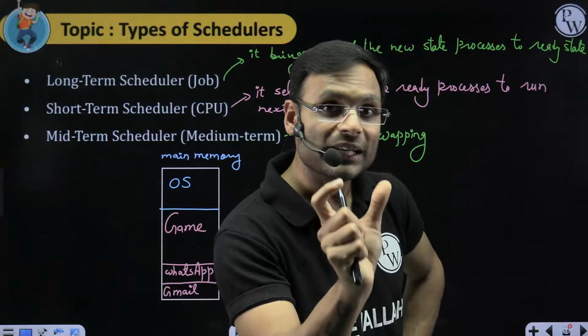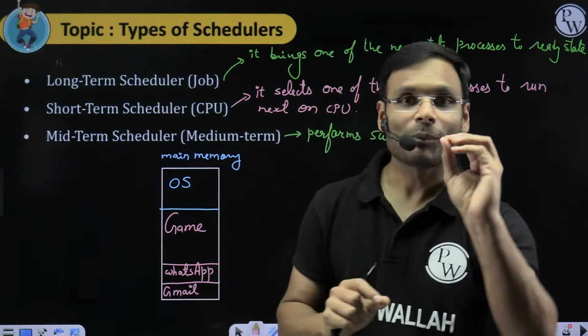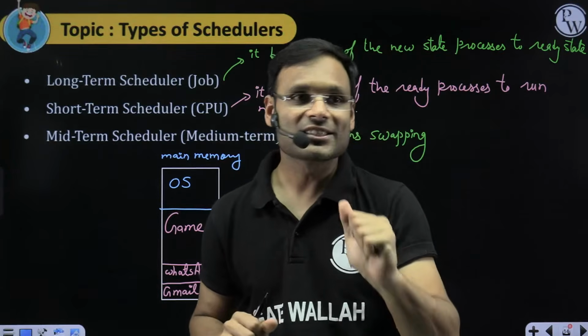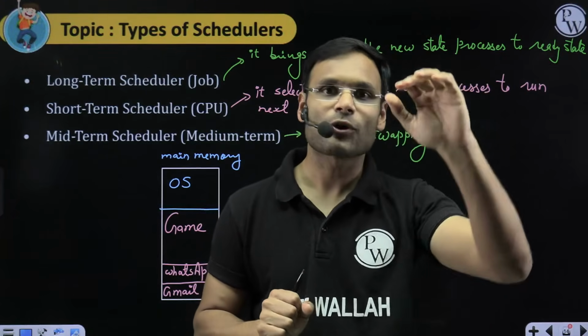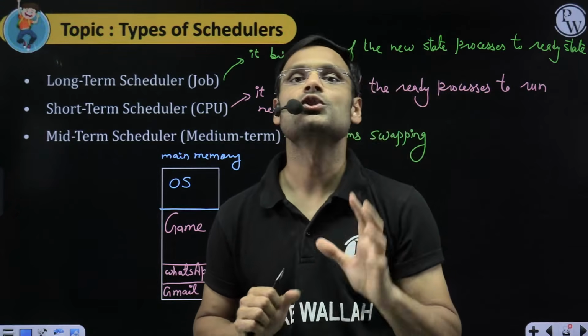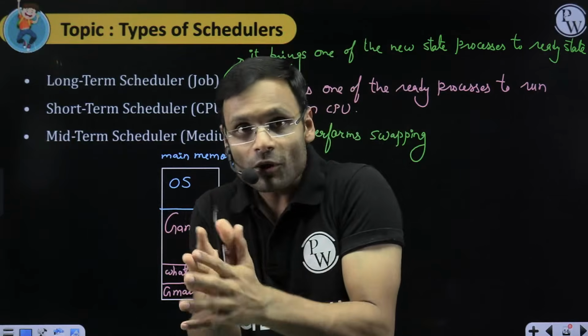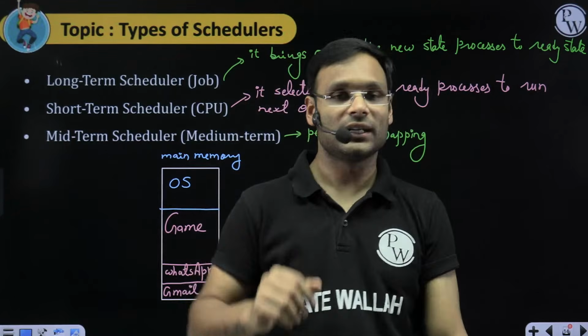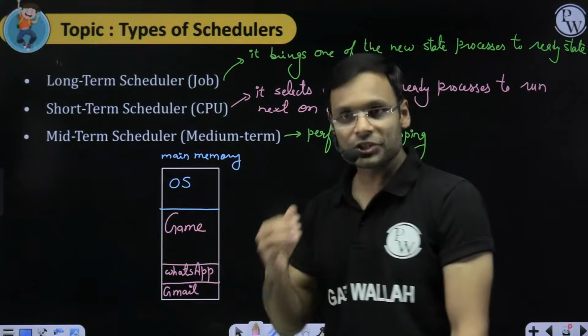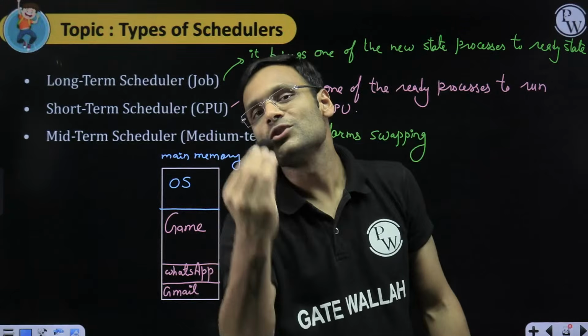To make your app experience smooth, what will the operating system do? Operating system will check, do we have any process which is not being used currently? Yes, the game application, it's been long since the user has used it.